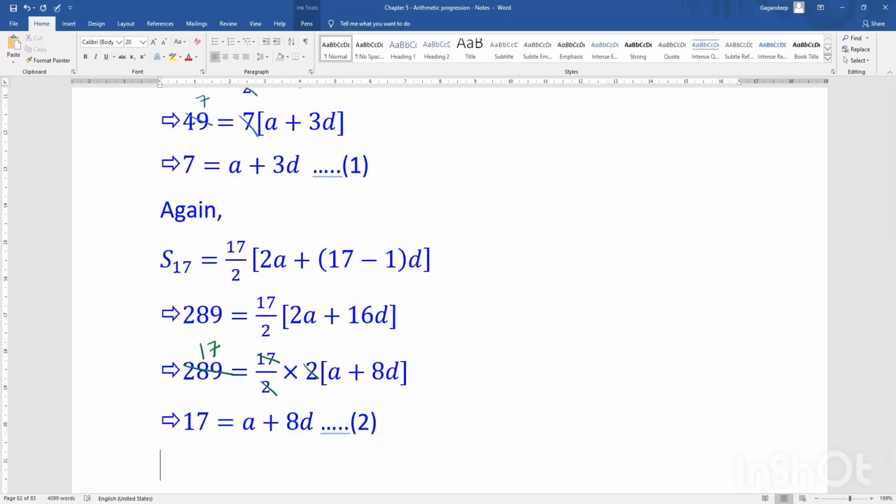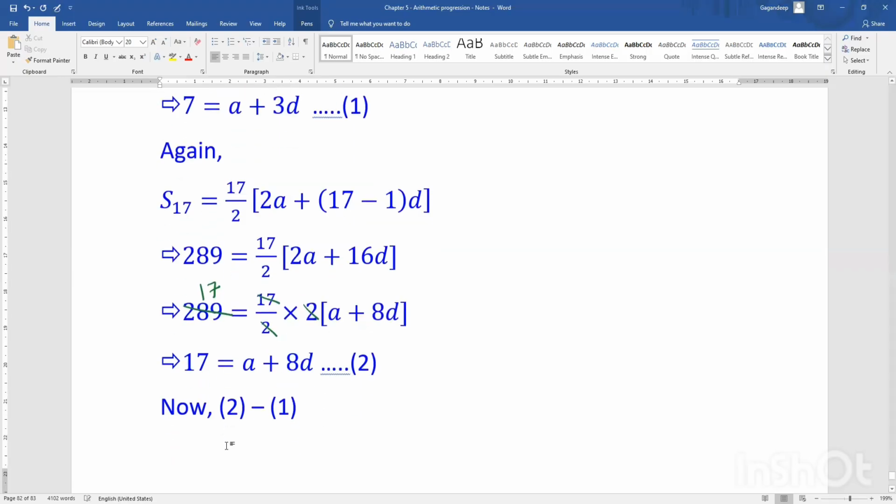Now you got a simultaneous equation. You have two variables a and d. We can find out that. So what we can do is I just do subtraction, equation 2 minus equation 1. So from this what we get, let us see.